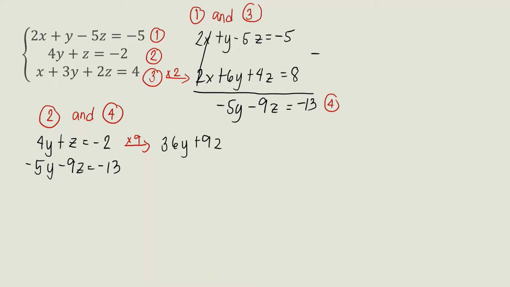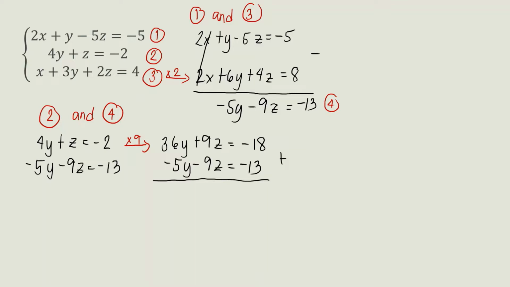Next, for the fourth equation, just copy. This is negative 5y minus 9z is equal to negative 13. And then this is opposite sign, so let's do addition. 9z plus negative 9z, so we can cancel it out.